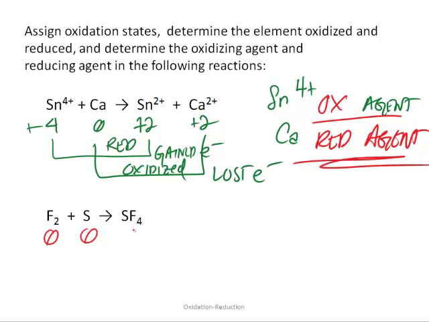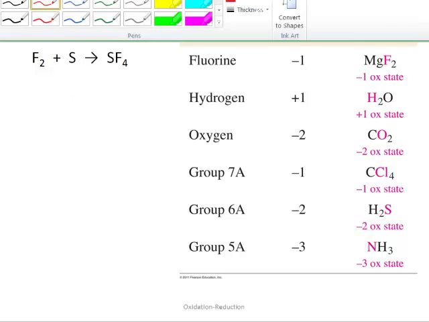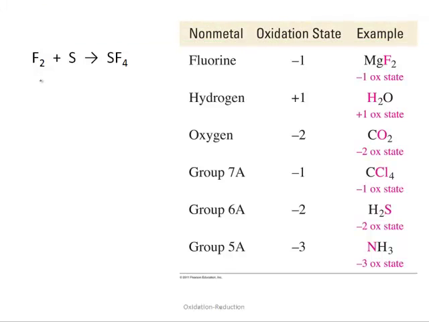We know that fluorine likes to form -1 ions, sulfur likes to form -2 ions, but we know that can't work because a -2 and a -1 ion wouldn't form a compound, and the sum of those oxidation states wouldn't equal its charge. So we have to go to our rules or our table to determine the overall change in oxidation state here.